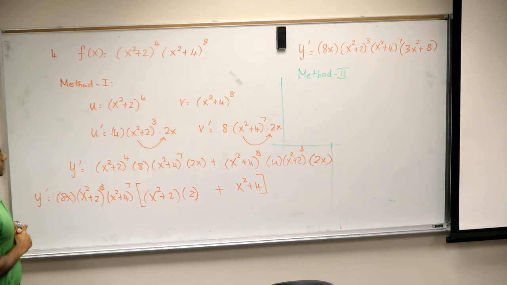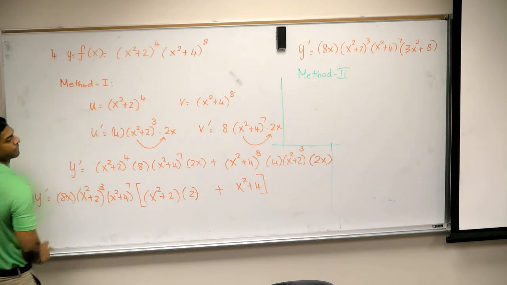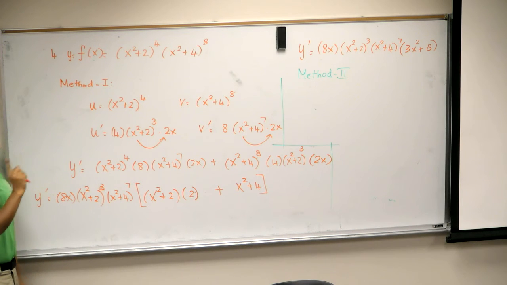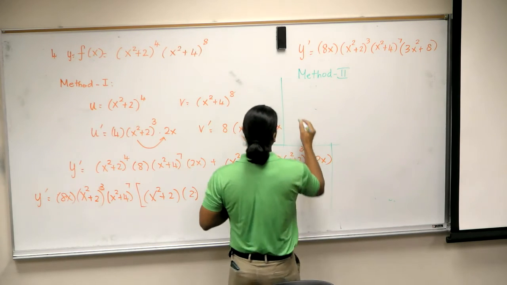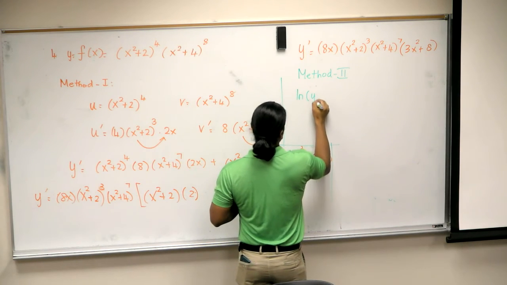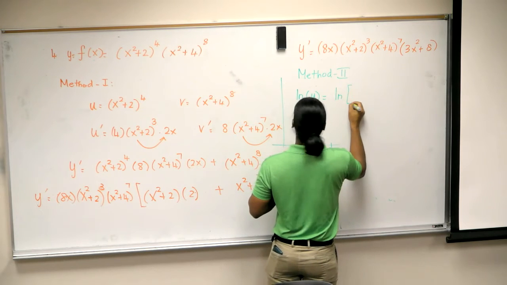What I'm going to do, I'll call this y. I'm going to take logarithm on both sides. So ln of y would be equal to ln of that entire term.